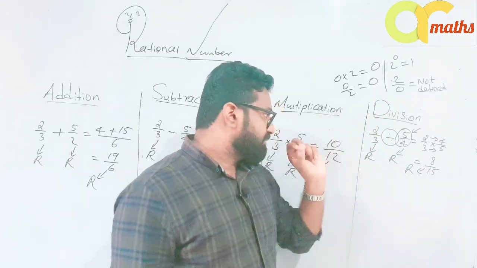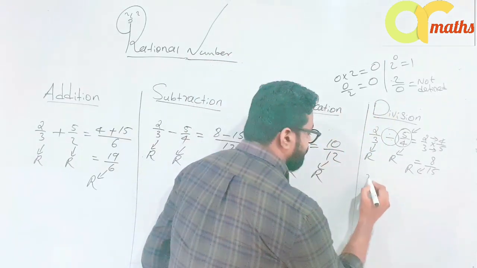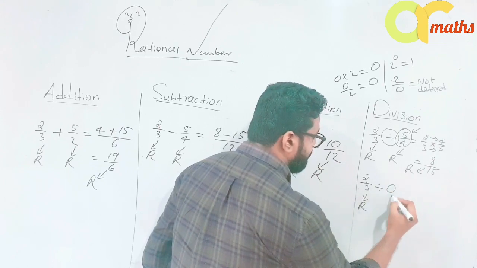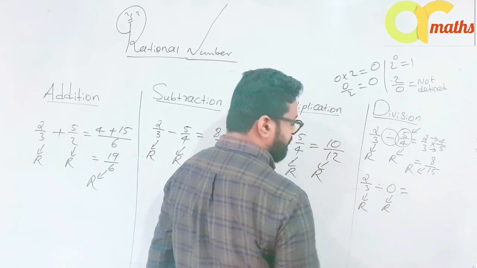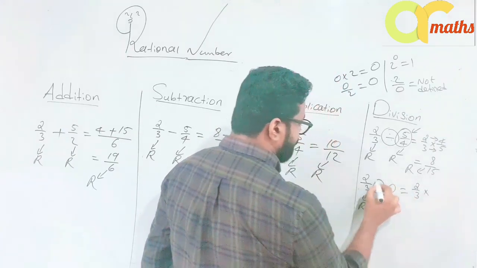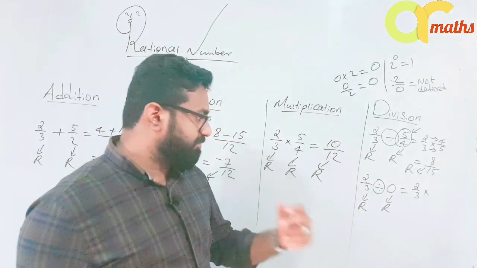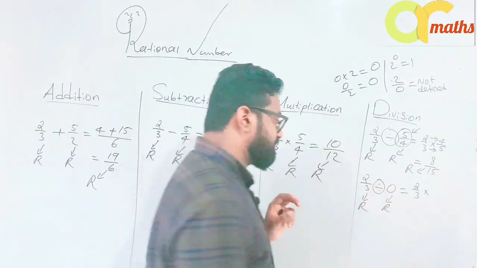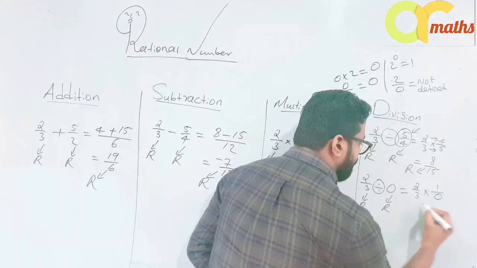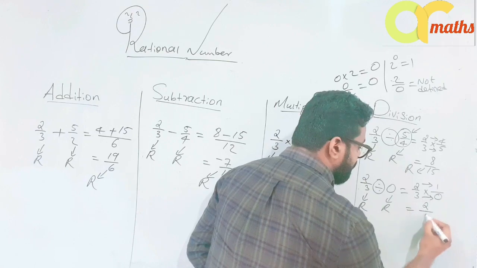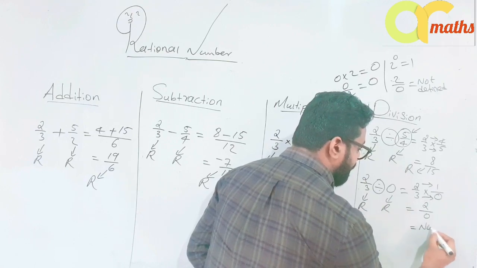But here one problem is there. Suppose you are taking 2 by 3, a rational number, divided by 0, which is also a rational number. So 2 by 3 into, when you are changing division into multiplication, take the reciprocal of this number. What is the reciprocal of 0? That is 1 by 0. So here 2 into 1, 2, divided by 3 into 0, 0. What is the answer? Not defined.